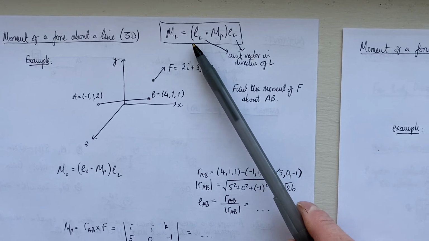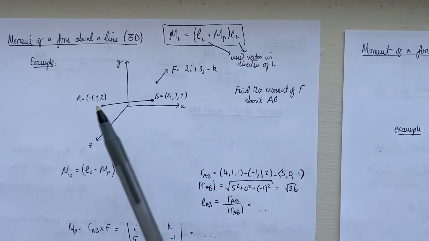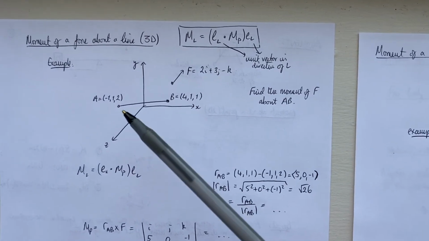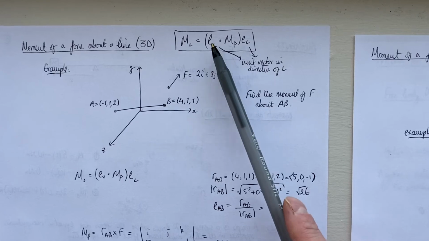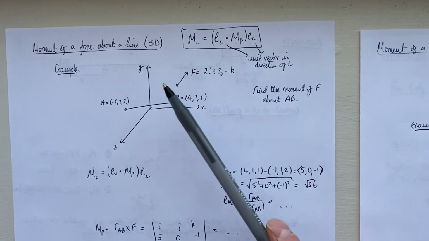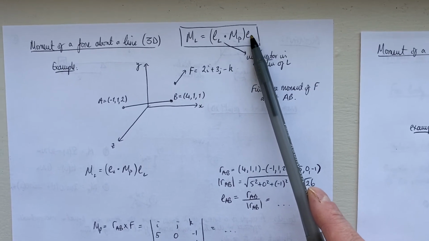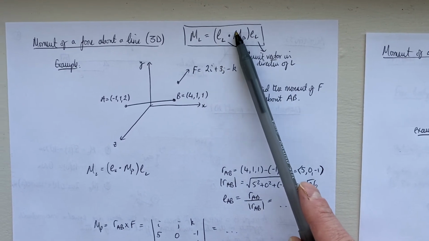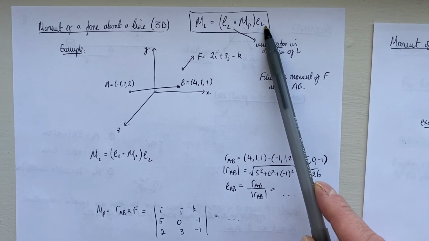So we take the dot product of the unit vector in the L direction, so the direction of the line which we're evaluating the moment about, dotted with the moment of the force about a point on that line, and then this is multiplied now, because this is going to give us a scalar, by the unit vector in the L direction again here.